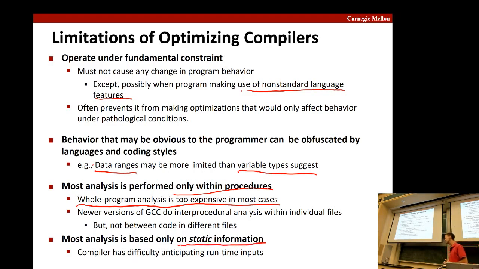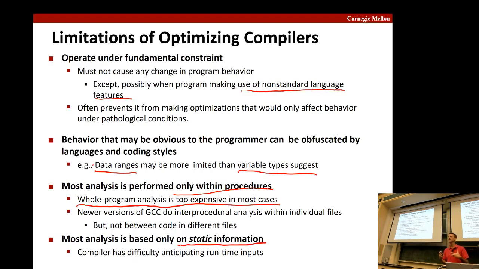Traditionally, the compiler you're used to using is all based on static information. It has the code that you're handing it. It doesn't know the inputs, for instance. And because of that, it has to make conservative assumptions about what the inputs might be.